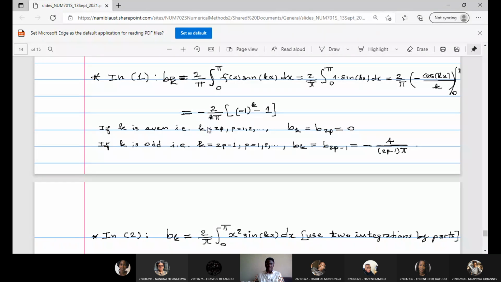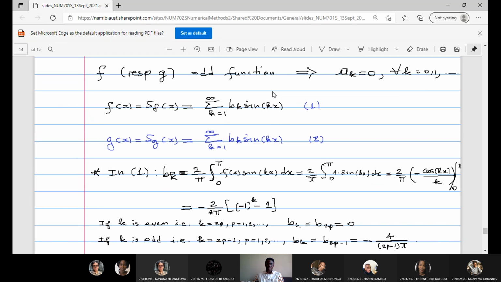When k is even, all the bk's are 0. When k is odd, the bk's are given by this. You just substitute that in the expansion.